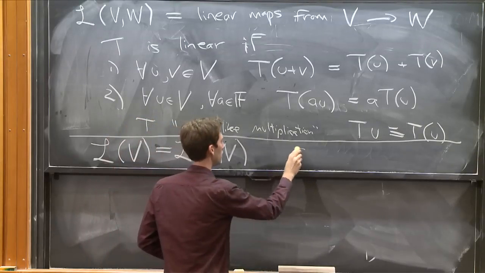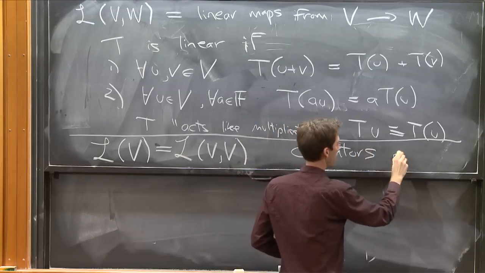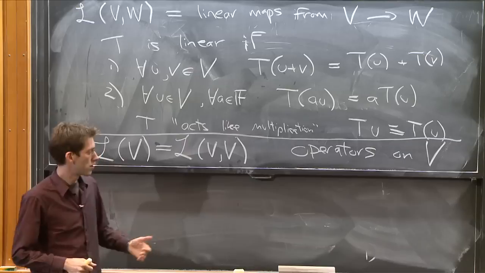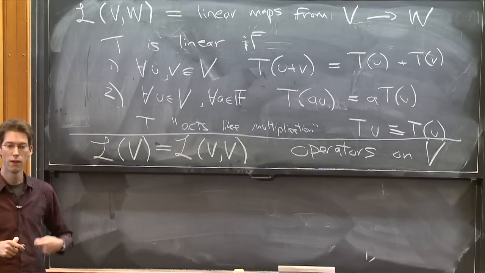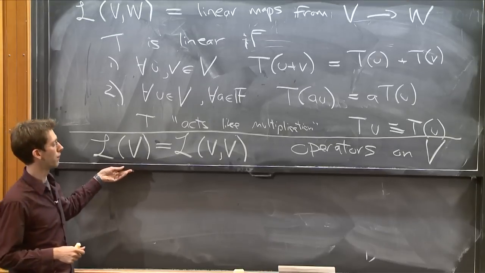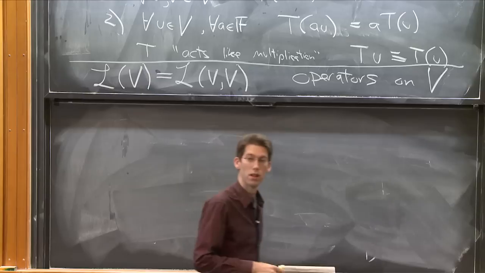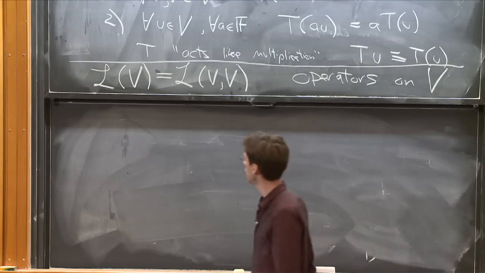And these are called operators on V. So when we talk about operators on a vector space V, we mean linear maps from that vector space to itself. So let me illustrate this with a few examples.